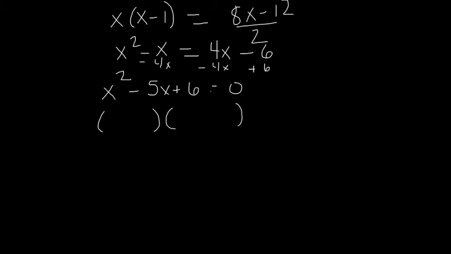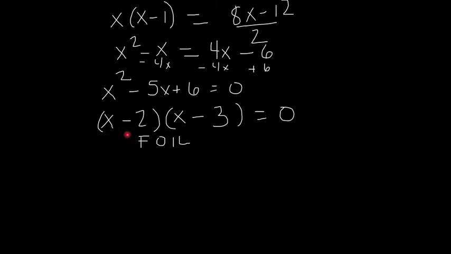This factors nicely. We have the quantity x minus 2 times x minus 3. You can just double check that real quick if you want, by multiplying it out using FOIL. You would get back to this line right here. Now we're going to use what's called the zero product property. This should be familiar.